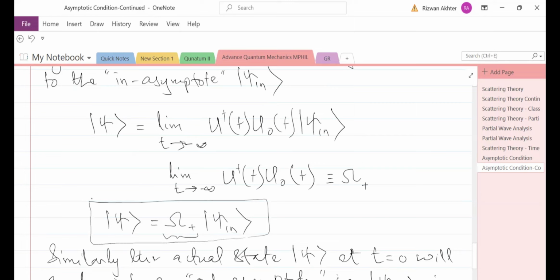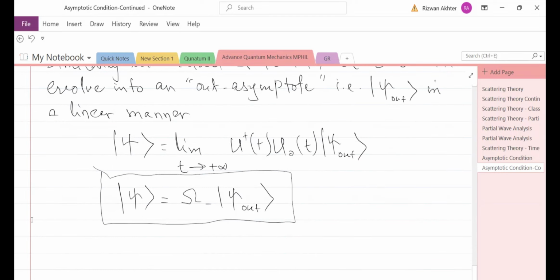So it means that we now have two mathematical operators, omega plus and omega minus, defined in the limits of t tending towards minus infinity and t tending towards plus infinity.